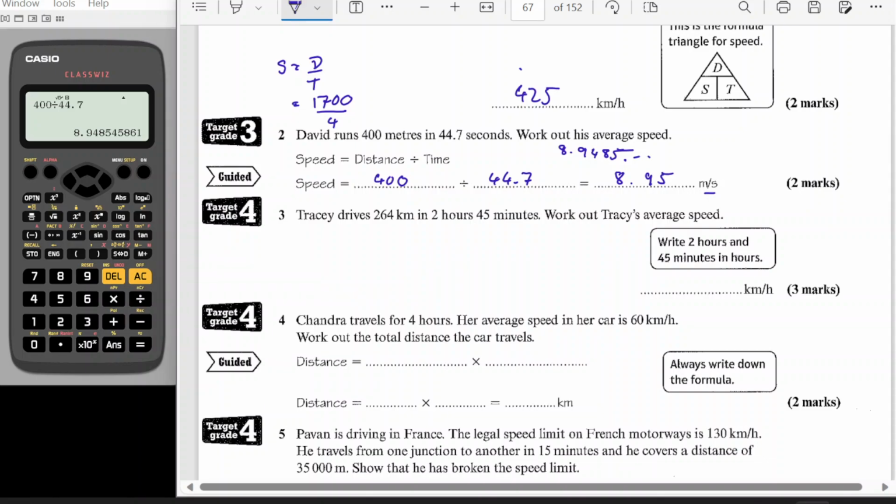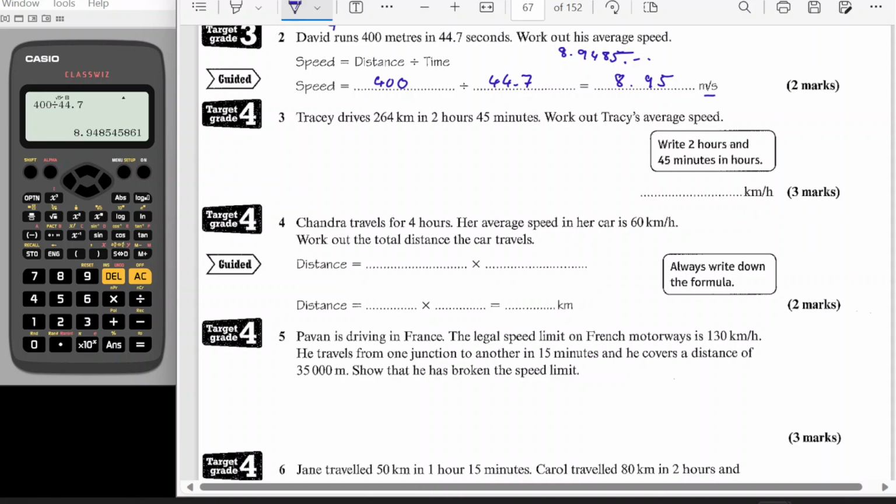And question 3, Tracy drives 264 kilometers in 4 hours and 45 minutes. Work out Tracy's average speed. So I'm going to do distance divided by time. So speed is equal to distance divided by time, and I'm going to use my calculator for this.